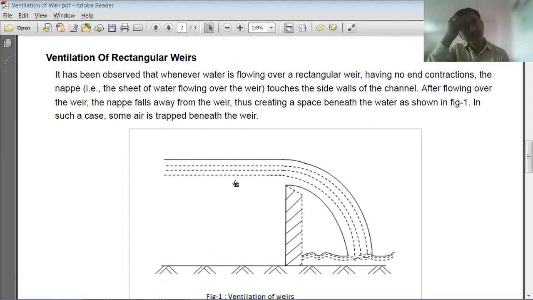So why ventilation is required and what is ventilation of weir? That we should understand first. What is the meaning of ventilation and why it is required in case of weirs?